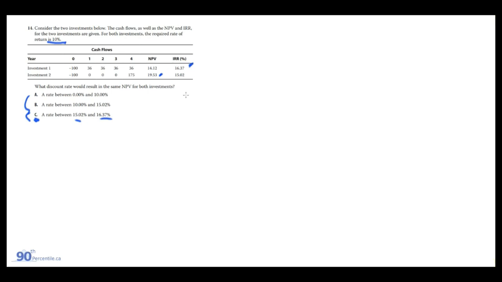So if we're taking a 15.02 discount rate, recall that the IRR is the rate that sets NPV equal to 0, right?